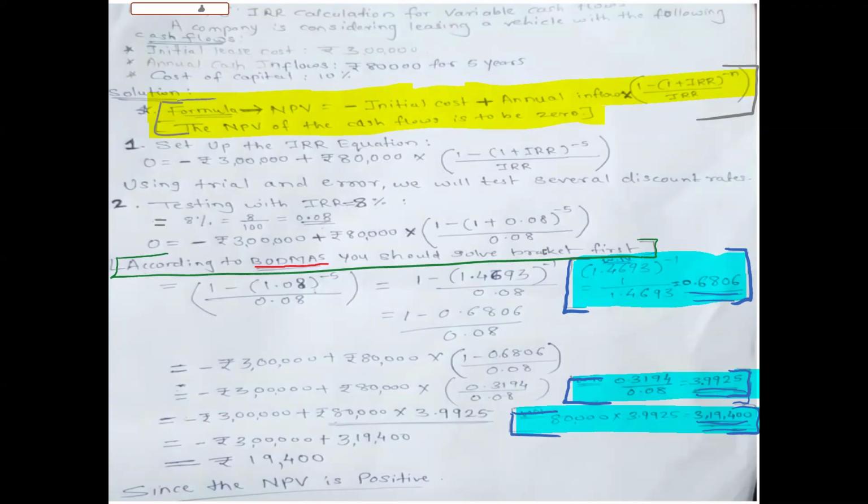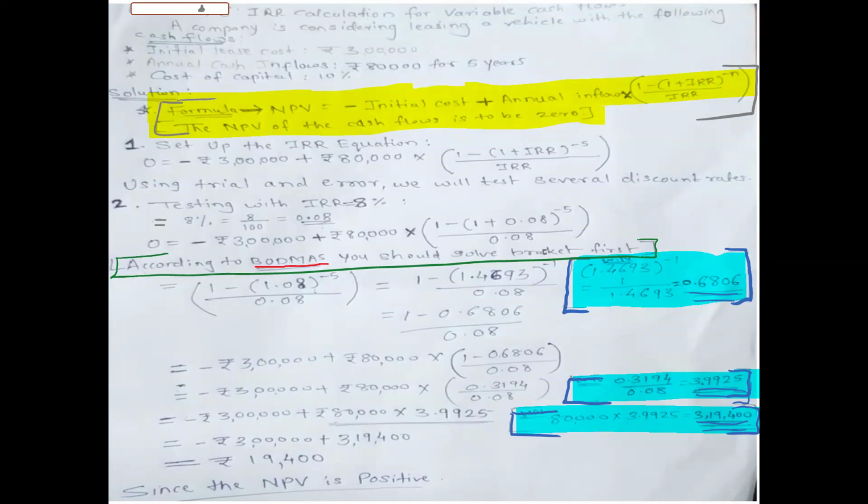So next, according to BODMAS, we are going to solve the bracket first. So minus 3 lakh plus 80,000 into bracket 1 minus 0.6806 divided by 0.08.